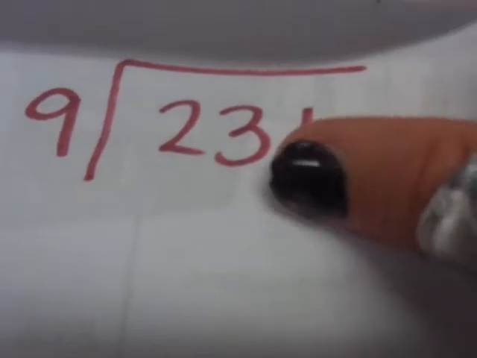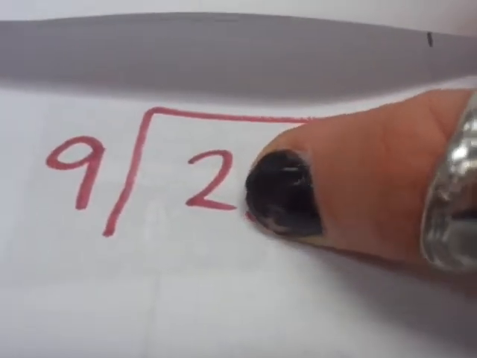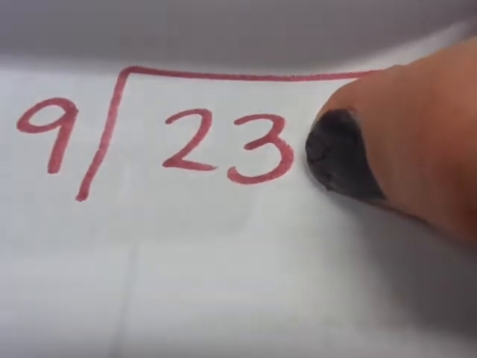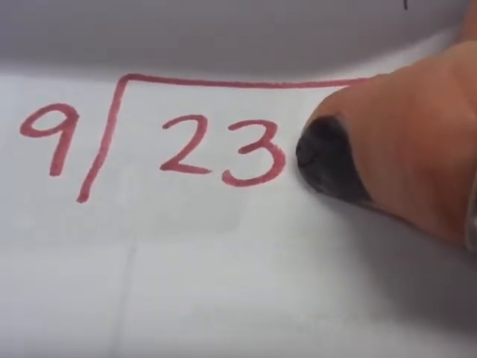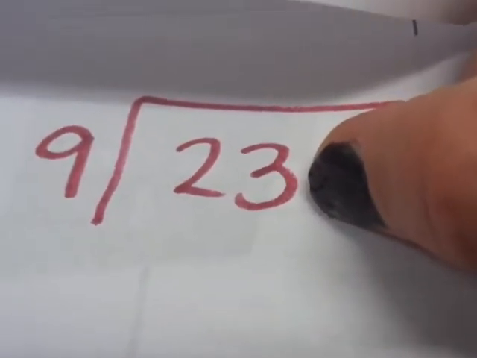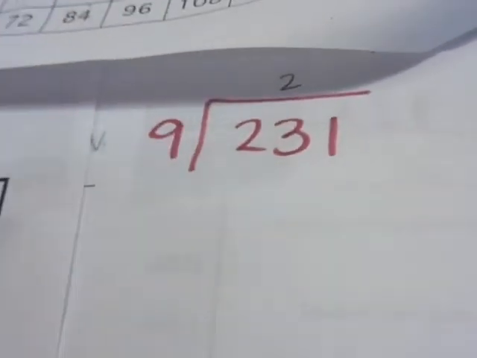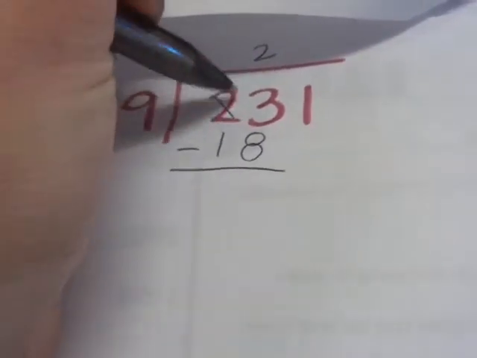So if you're solving traditionally, you're going to complete similar steps. So, cover up your place values. Can 9 go into 2? Nope, so you move your place value over. Can 9 go into 23? Yes, it can. How many times? 2. 9 times 2 is 18. Subtract that out.